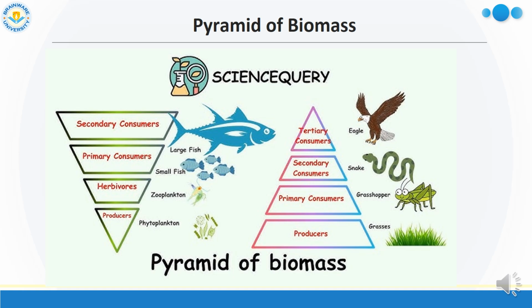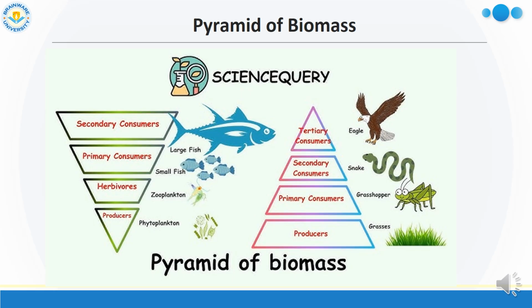In the upright pyramid, the second picture, in the first trophic level, producers, then primary consumers, then secondary consumers, and at last tertiary consumers. That means grasses, then grasshopper, then snake, then eagle.